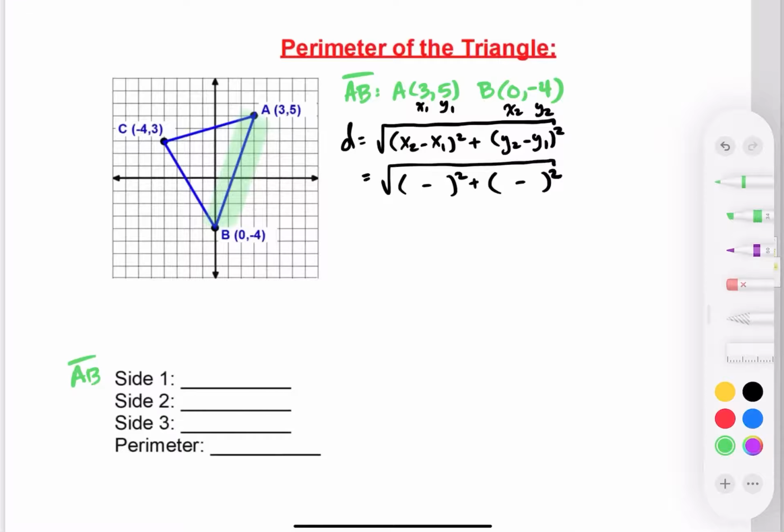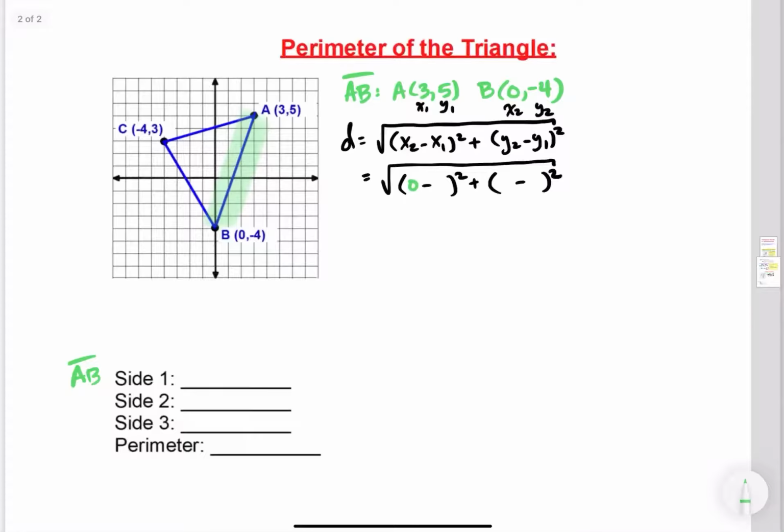Okay, x2 in this particular case is 0, x1 is 3, and then we have our y2, which is negative 4, and y1 is 5. All we did is substitute, and now we're going to solve. 0 minus 3 is negative 3, and negative 3 squared is going to give me 9.